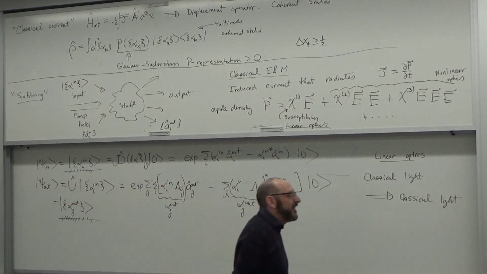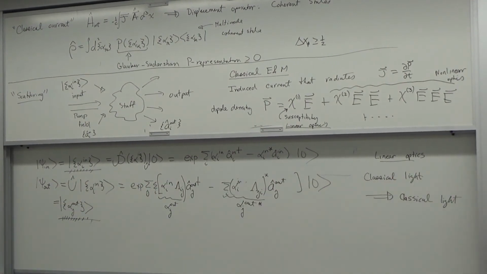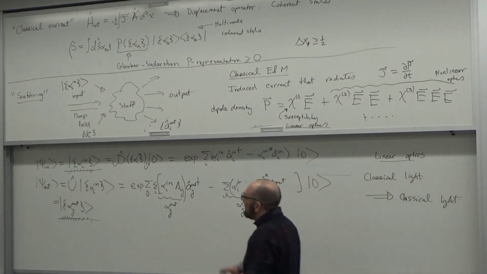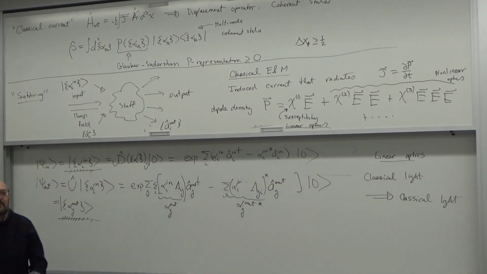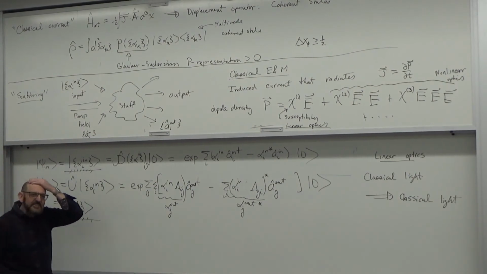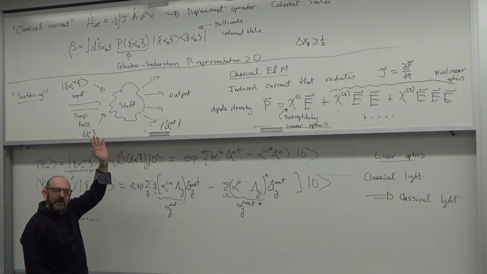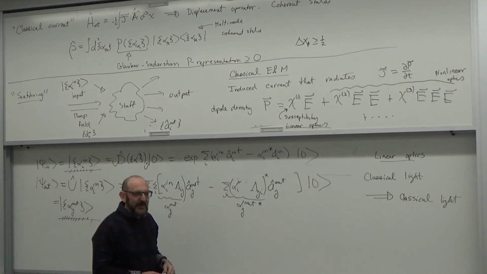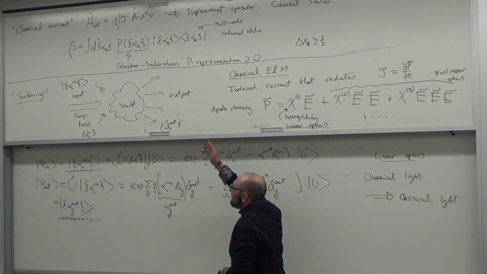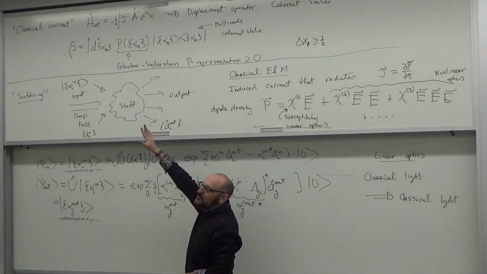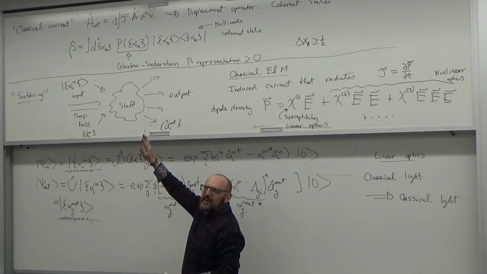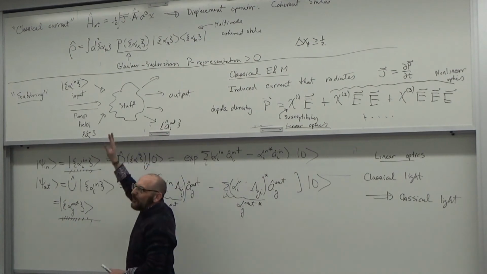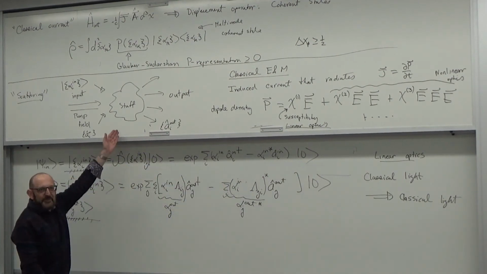Suppose instead of sending coherent states into your linear optical network, you sent in single photon states. It turns out that's actually amazing what you can get in that situation. In fact, you can get statistics of your output of your linear optical network that are inconceivable from the point of view of classical statistics.